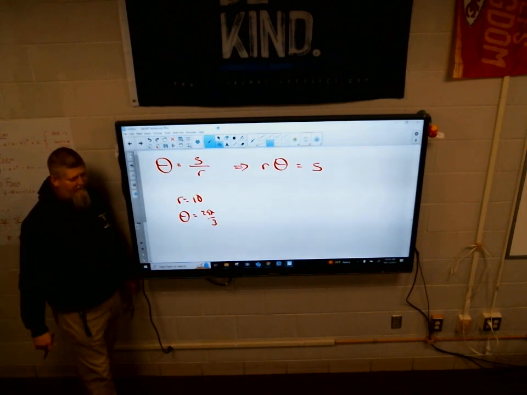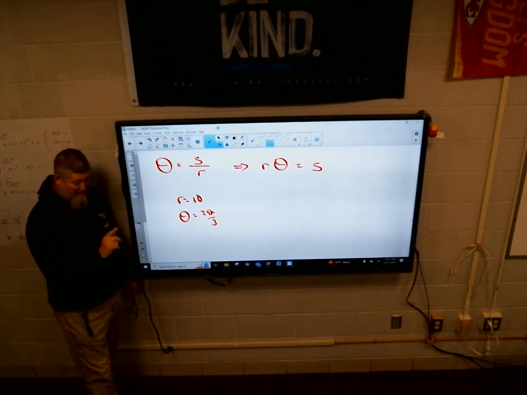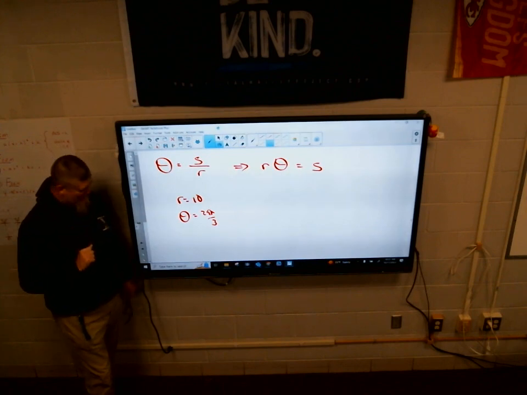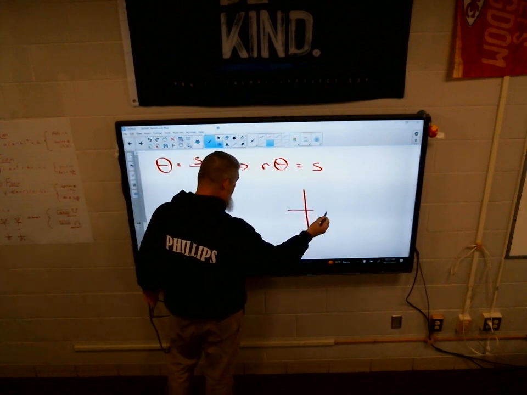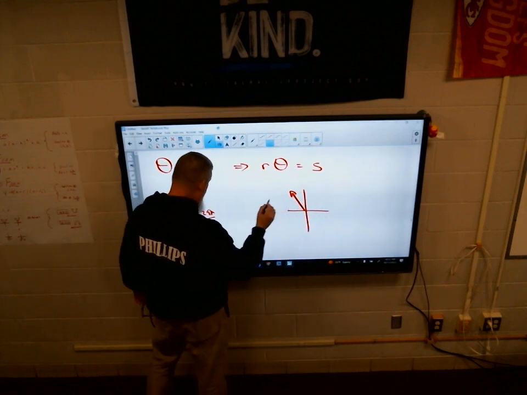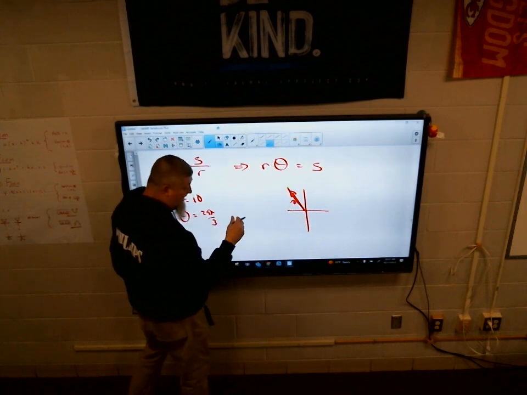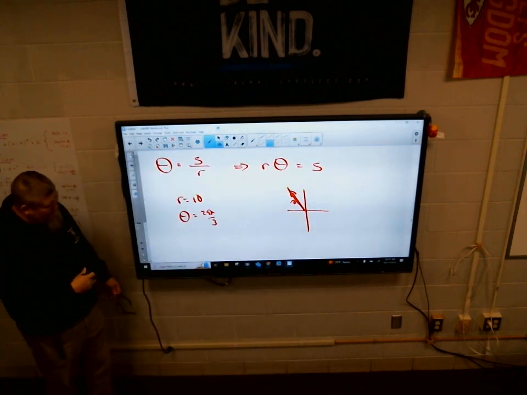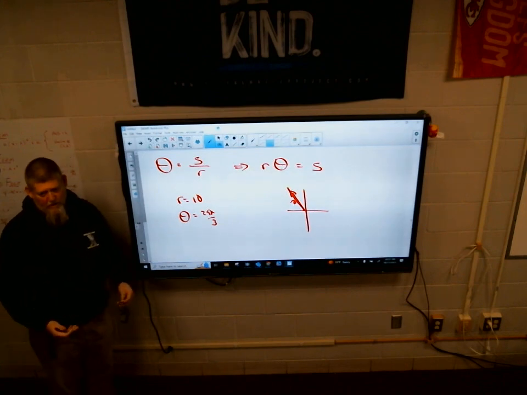Vector, and he did crimes with both direction and magnitude. This tells me the direction, 2 pi over 3, so I'm going this direction, and this tells you how far. You're going to go out a radius of 10, and that's a vector. It has distance and direction, or magnitude and direction.